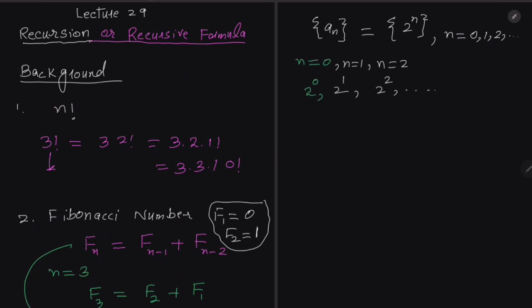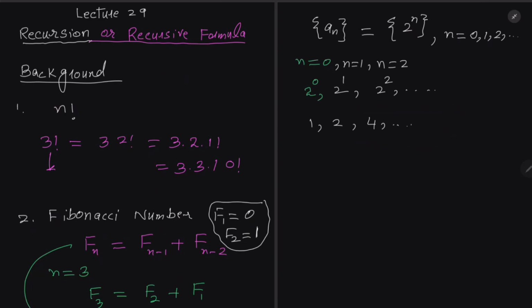So you get 1, 2, 4, and so on. This is the sequence generated from this formula.